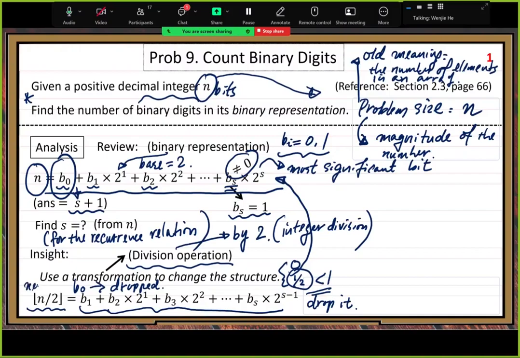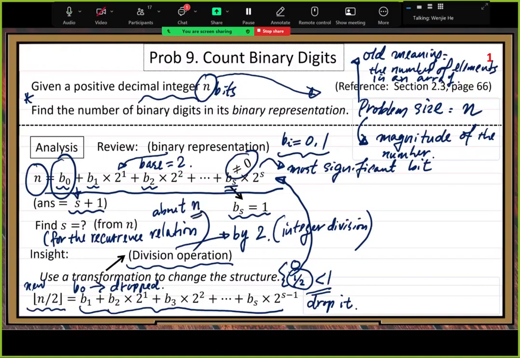Then, from this new formula, can we derive a recurrence relation about n? So this recurrence relation should be about n number.